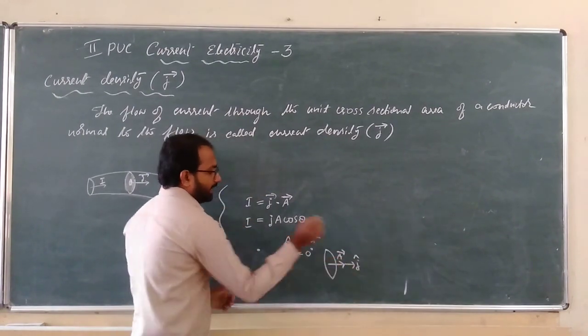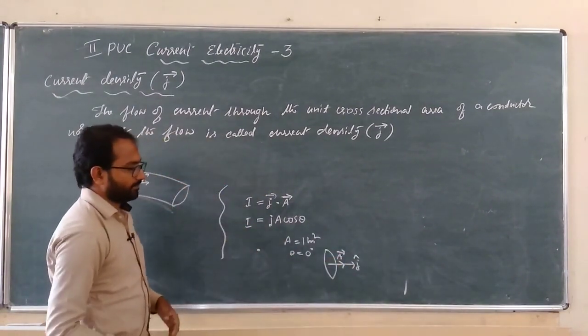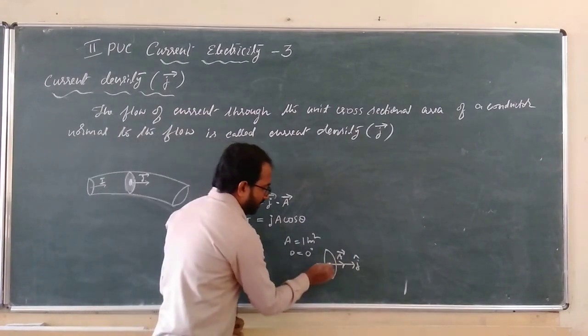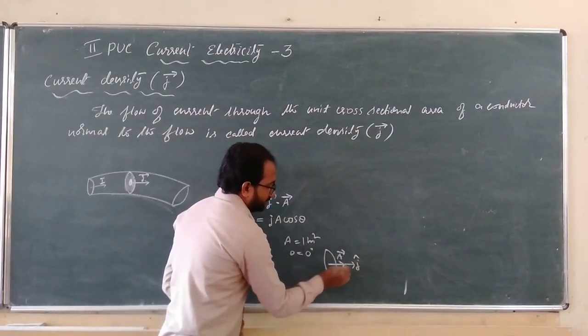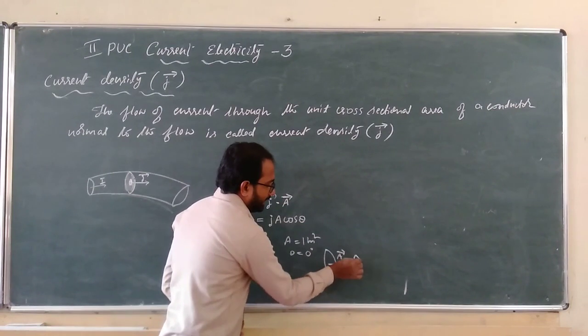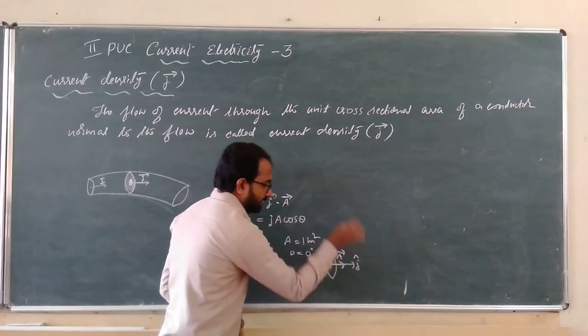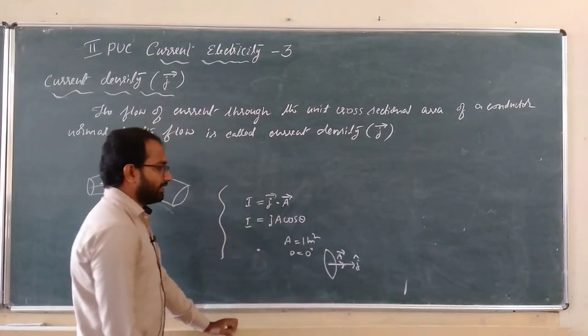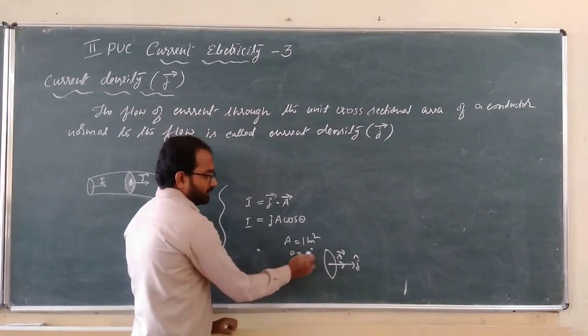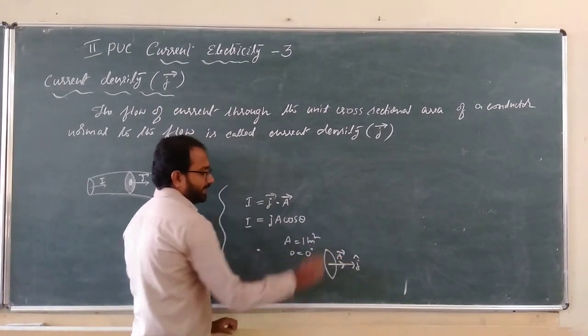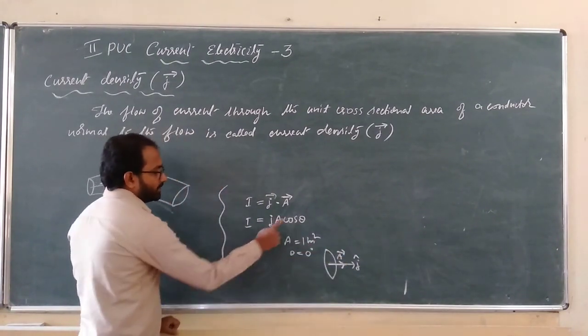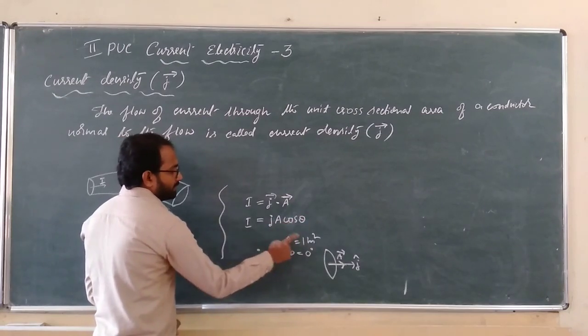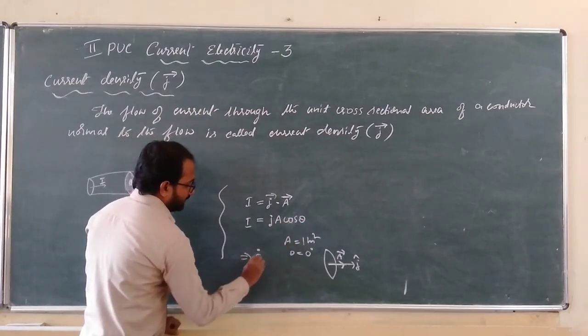A and J are along the same direction. Okay, you have to draw a normal to this area vector that gives the direction of area vector. Current density is, if it is along the direction of area vector, then naturally theta is equal to 0 degree, angle between A and J. If theta is equal to 0 degree, cos 0 is 1, A is 1 meter square, that implies I is equal to J.